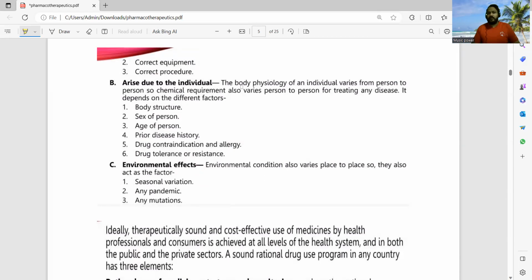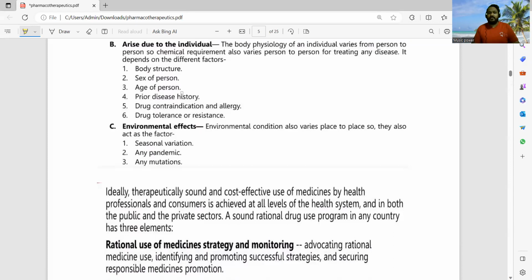Another arises due to the individual. The body physiology of an individual varies from person to person. So chemical requirement also varies from person to person for treating any disease, and it depends on different factors like body structure, gender of the person, age, prior disease history, medical history, drug contraindication or allergic condition, drug tolerance and resistance.